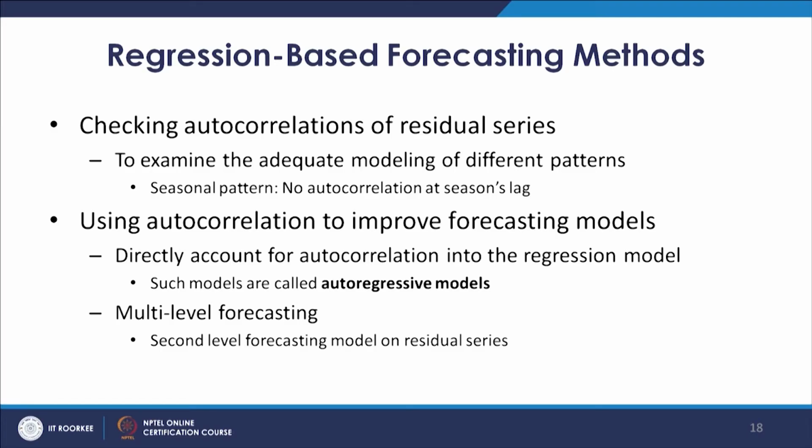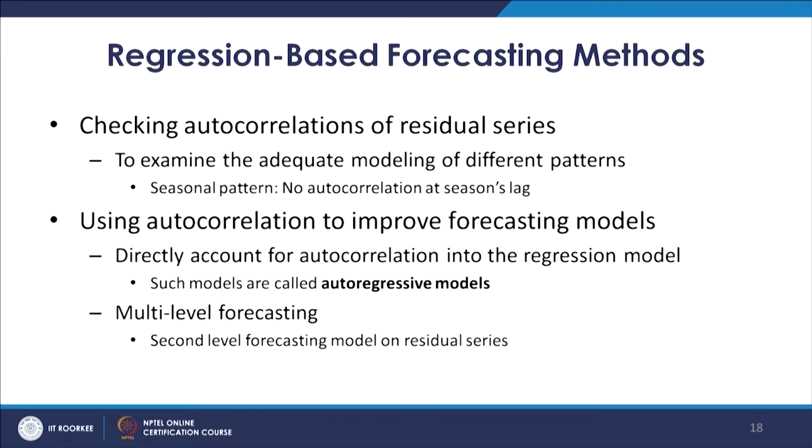So this is one way of using autocorrelation to improve forecasting models. We can directly account for autocorrelation in the regression model itself. Such models are called autoregressive models.